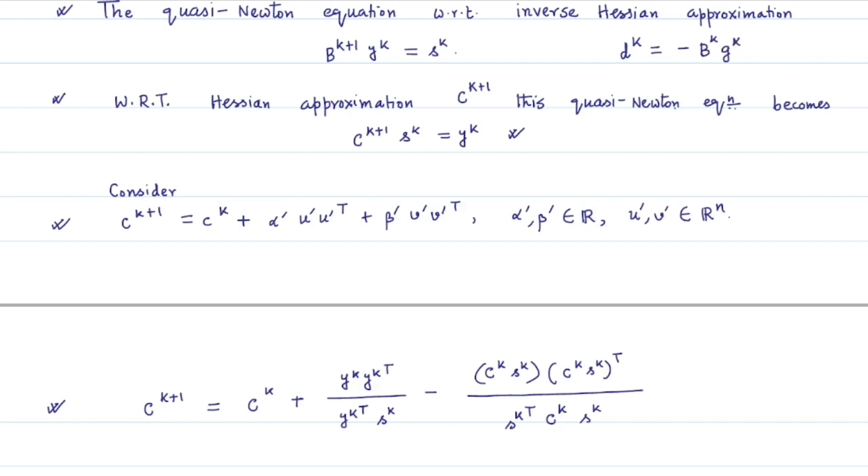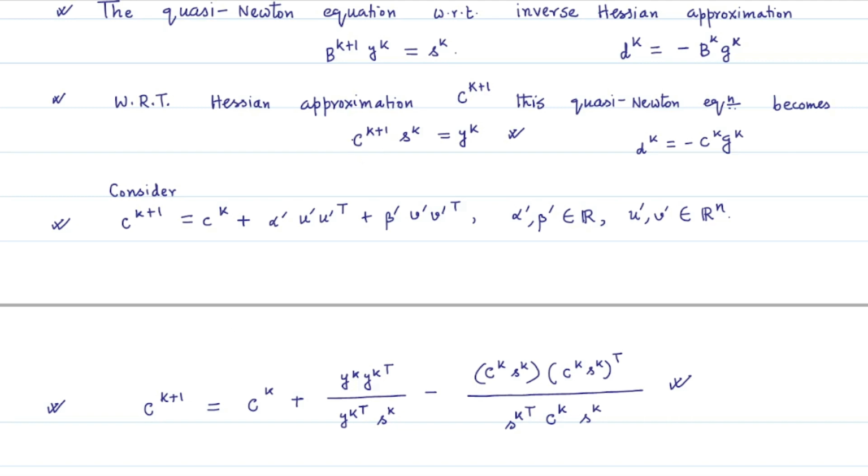If we go for just applying here this dk equal to minus Ck gk, then that does not mimic the Newton's direction, because in the Newton's direction you should have this matrix, the inverse of the Hessian at the point xk. So although we have found a formula for Ck plus 1 with the help of Ck, Ck plus 1 is an approximation of the Hessian, right?